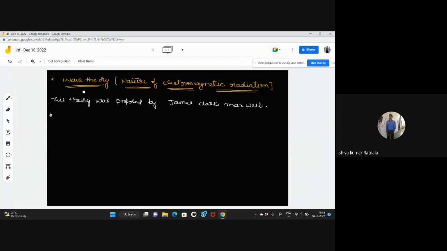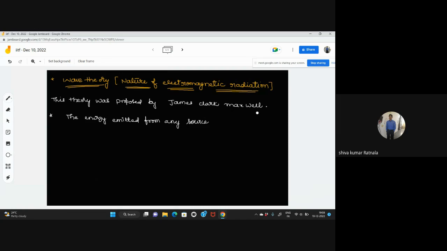See, next one. The points he has given under this theory. What they had given is the energy emitted from any source, like a bulb or heated rod.